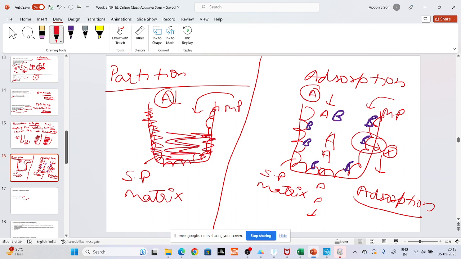In partition, your stationary phase is also liquid, and your mobile phase is also liquid, and when you put your molecules, then the molecules distribute between the two phases. So suppose you have a stationary phase of oil.